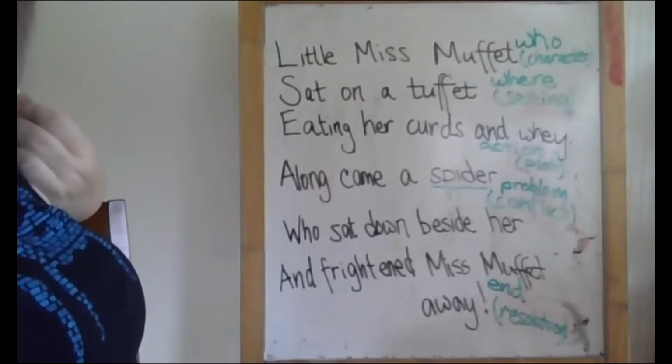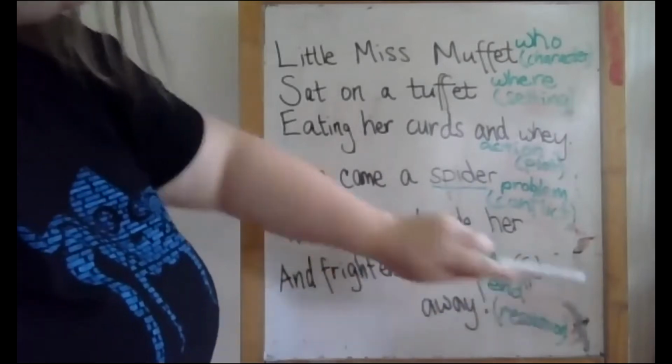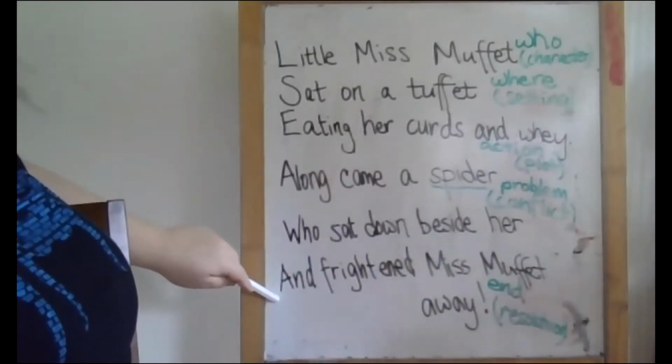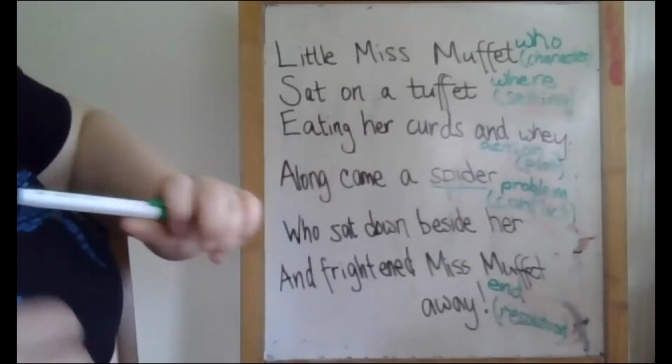I would have a problem with that too. And we have our resolution, or our ending, and frightened Miss Muffet away. So those are the elements of a story that we want to make sure that we include anytime we write a story. But first of all, today we are just going to talk about character.